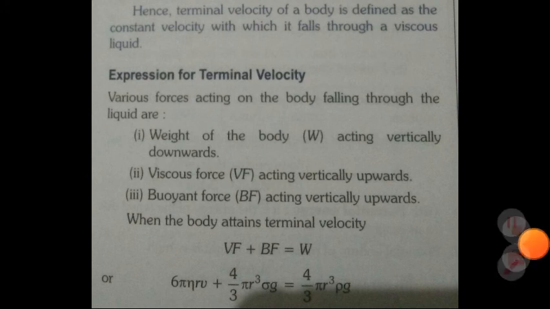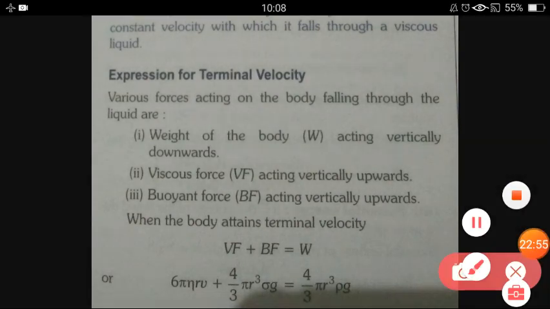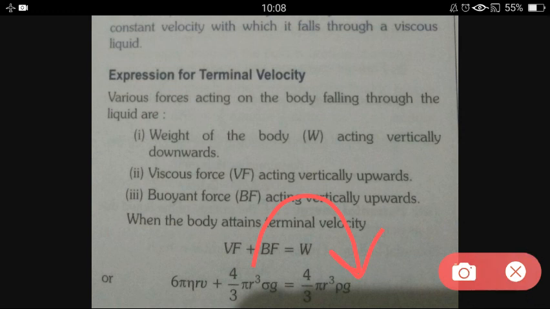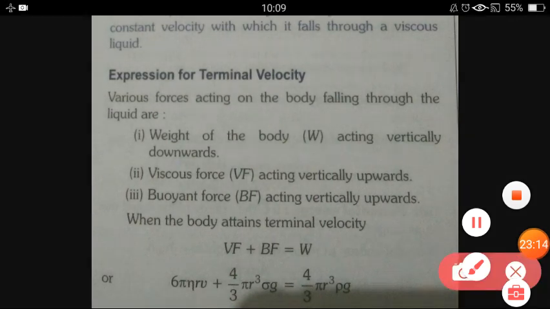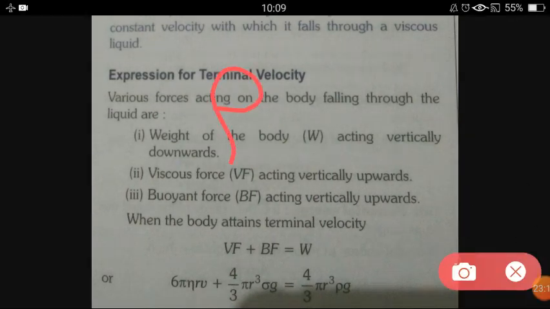When you transport this quantity to this side, 4 upon 3 pi r cube and g are common, so they will come out, and in the bracket we will have rho minus sigma, because when we move sigma to that side it becomes negative.